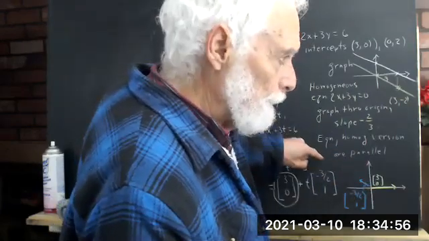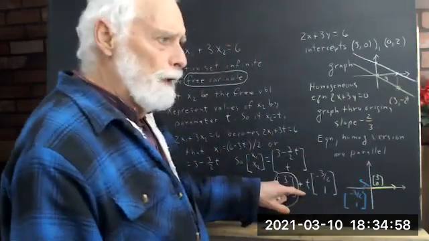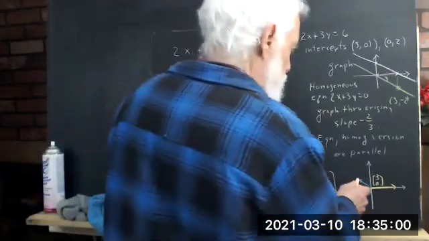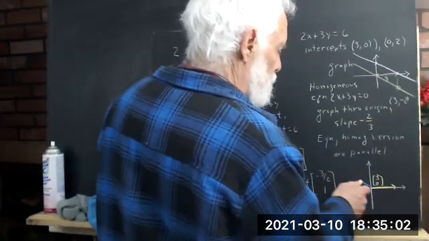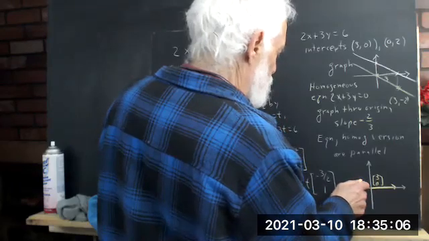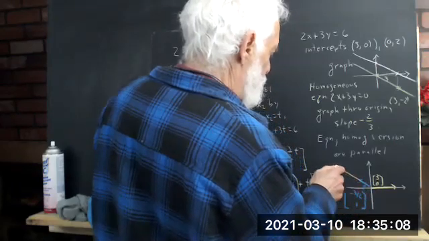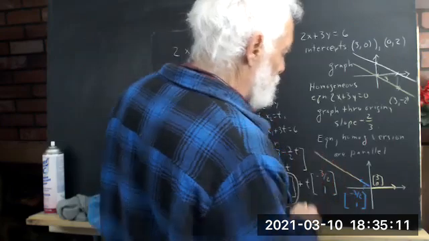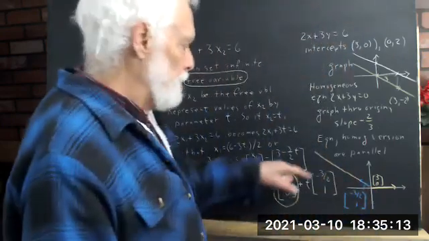It's going to become longer. Depending on the value of t, we get any vector in the direction of this -3/2, 1 vector. And those vectors could end up anywhere on this more or less straight line.